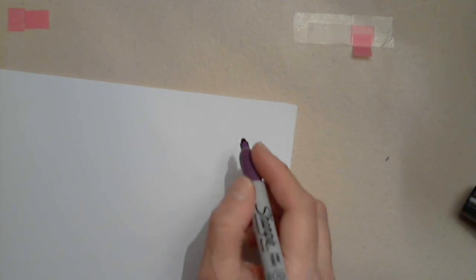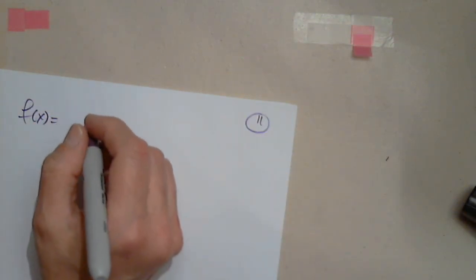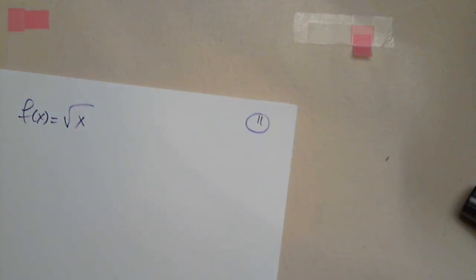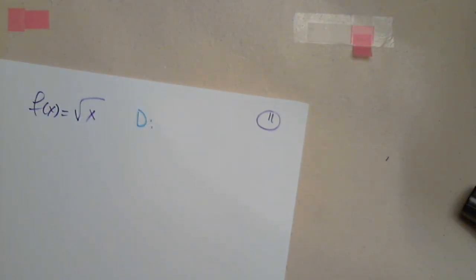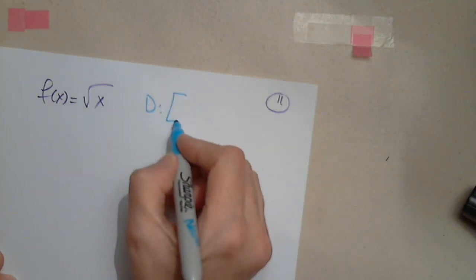Which page am I on? I'm on 11. So let's say f of x equals the square root of x. I can't think of a simpler example than this. We know the domain of this function is all reals greater than or equal to 0.